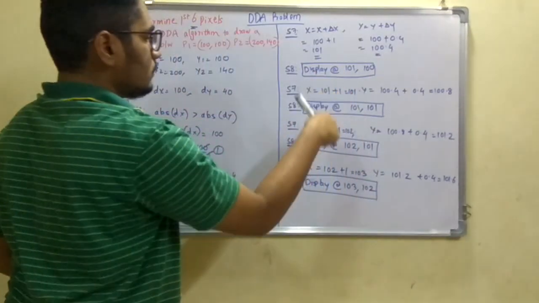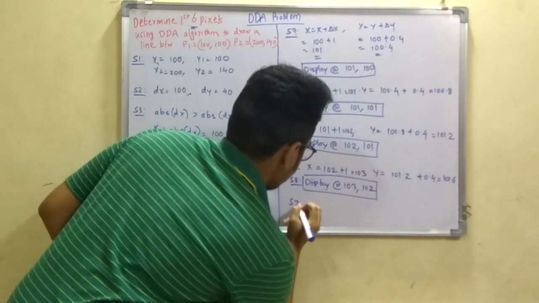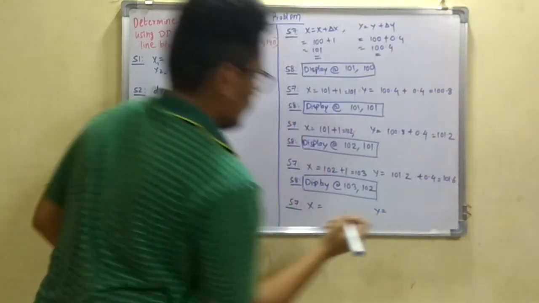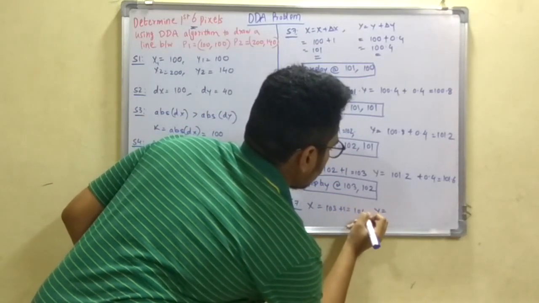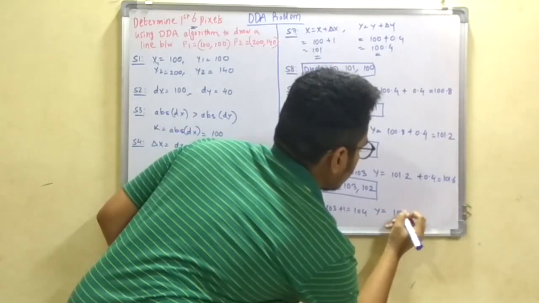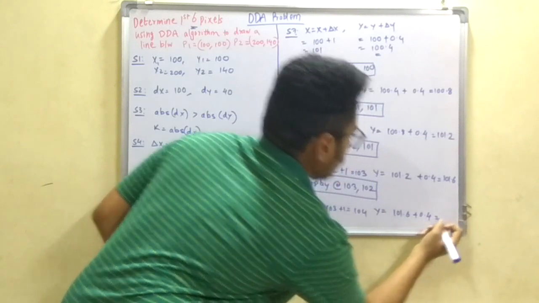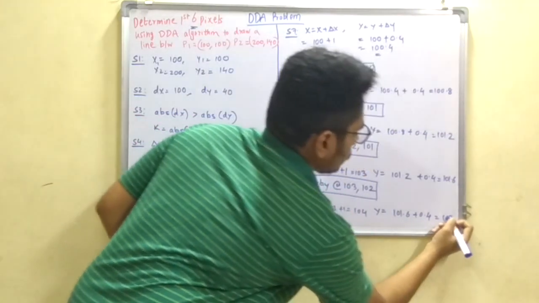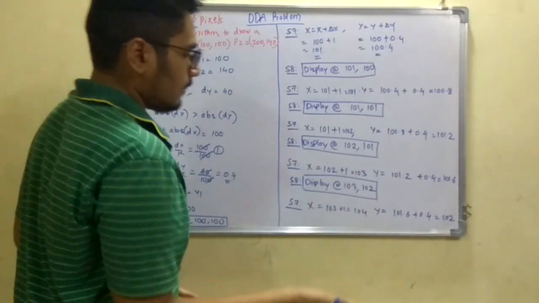So we have 1, 2, 3, 4 and 5 points, and we need one more point, and we go to step 7. We need new x, we need new y. So that is 103 plus 1, that is 104, and we have 101.6 plus 0.4, so that comes out to be 102. So this is an actual integer. We don't have to round it off again.